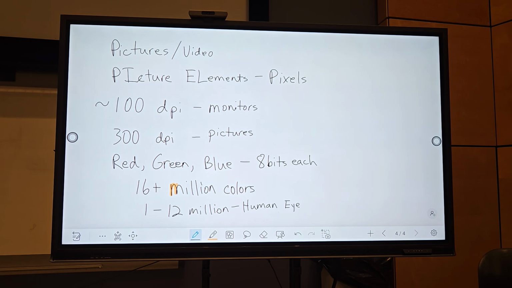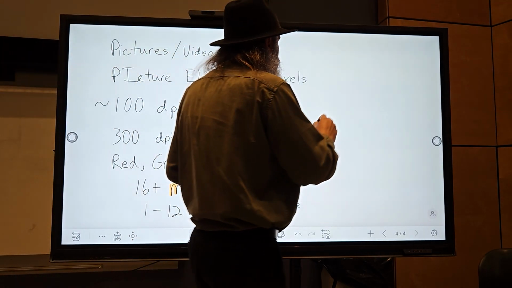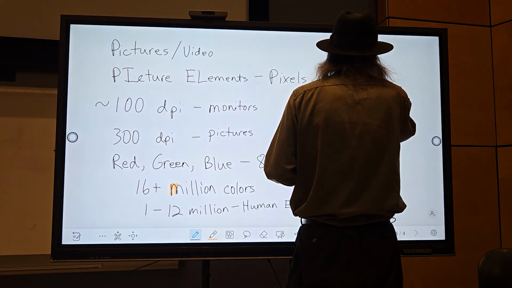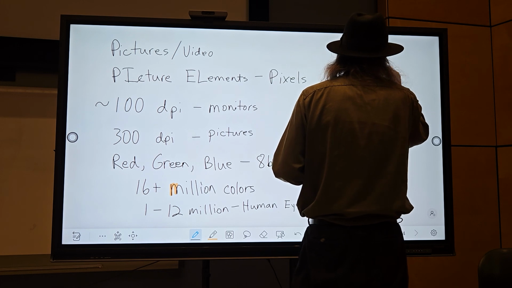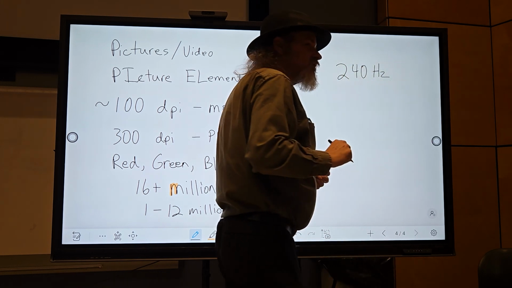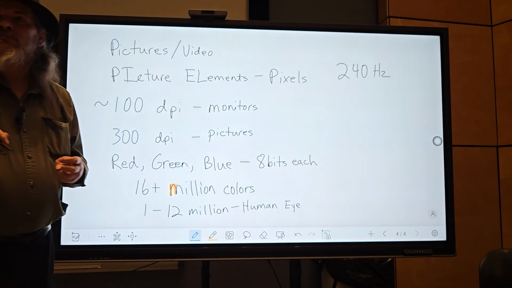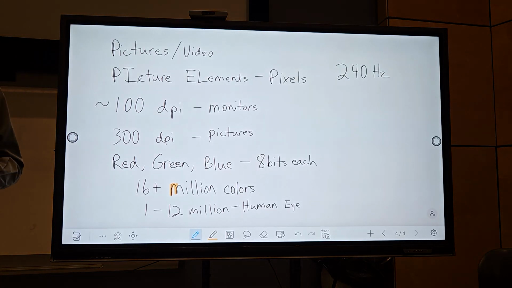Another thing that monitors have is a refresh rate. Gaming monitors, what's the refresh rate on a good gaming monitor? 240 hertz? You know what the human eye sees at? 50.